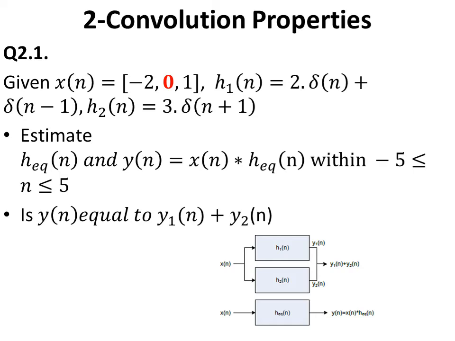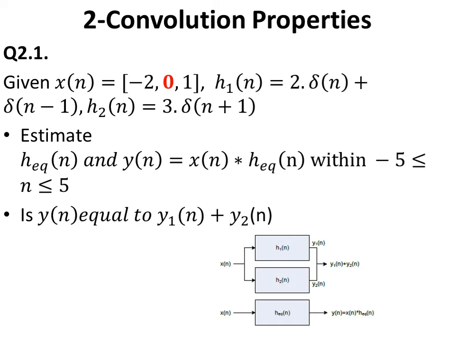This part is the second part of this lab, convolution properties, right? I will explain what is happening in here. You are given x[n] and h1[n], right? x[n] is equal to {-2, 0, 1}, where 0 is the value at n equals 0. Then you were given h1[n]. h1[n] is given as a weighted sum of shifted impulses, right?